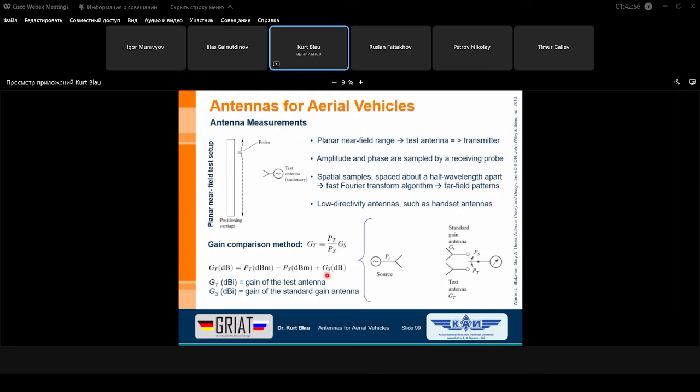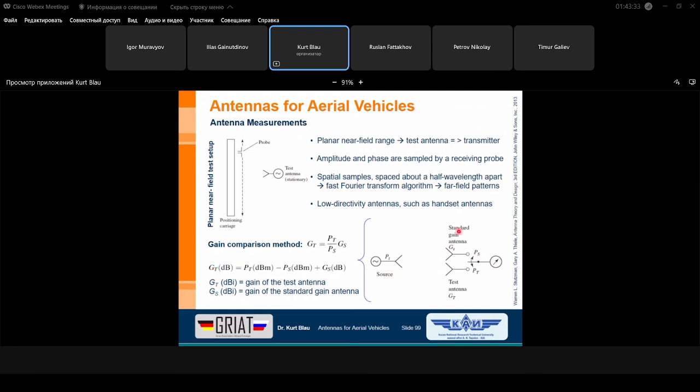We know the gain exactly, 2.14 dBi, or we can realize, for instance, a horn antenna with special dimensions, and also we know exactly the gain of such a horn antenna. And if you know the gain of the horn antenna, or of our standard gain antenna, then we can very simply calculate the gain of our antenna under test.